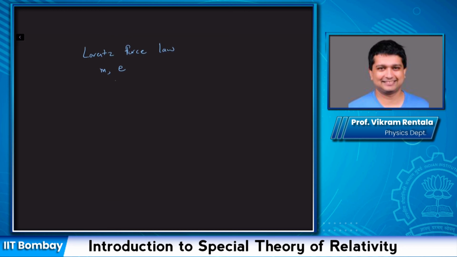This would come under Newton's laws. So the force that such a particle would feel would be E times the electric field plus V cross B. This is what we call the Lorentz force.